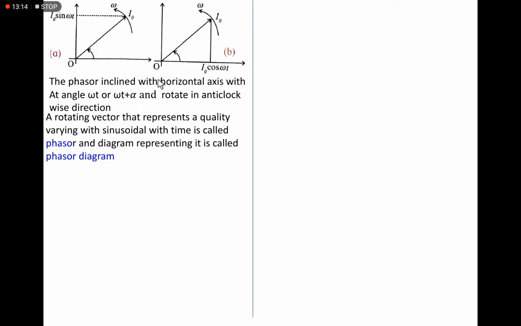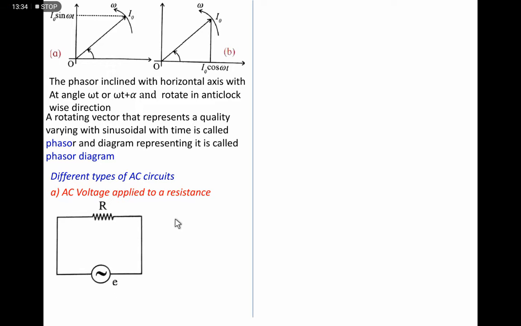So we'll learn different types of AC circuits. The first one is AC voltage applied to a resistance, or simply you can say AC resistive circuit.